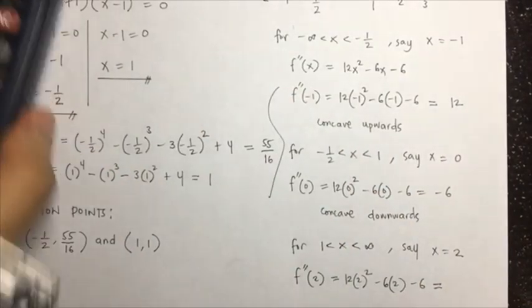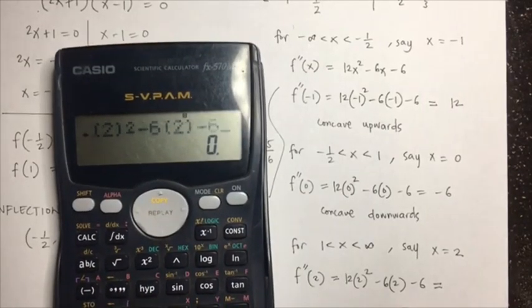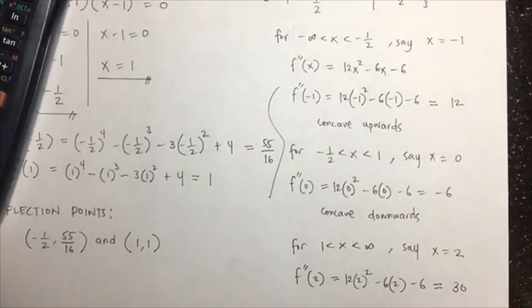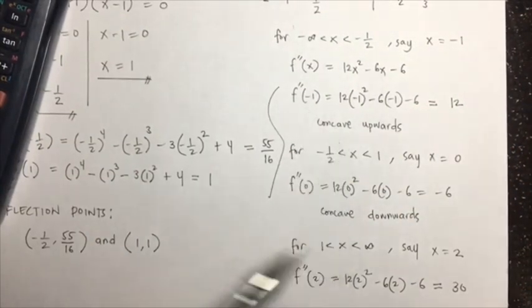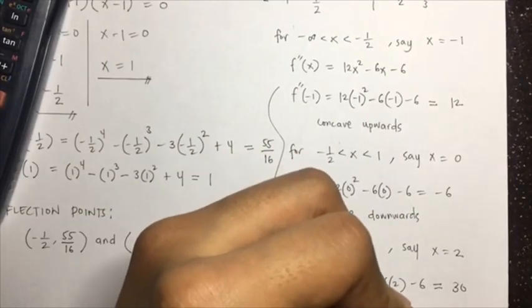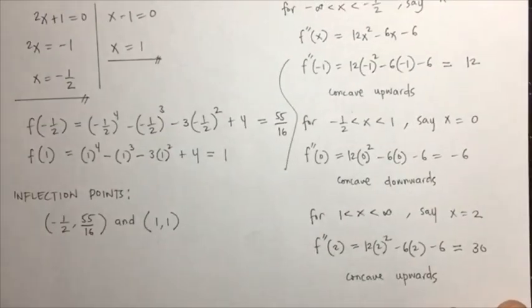That is positive 30. So similar with the first interval, this is concave upwards.